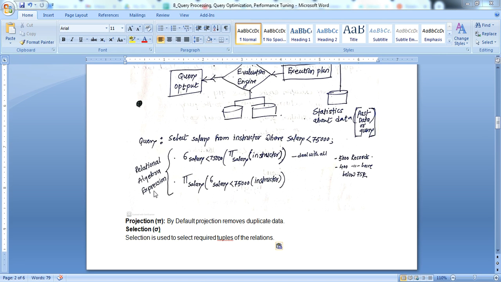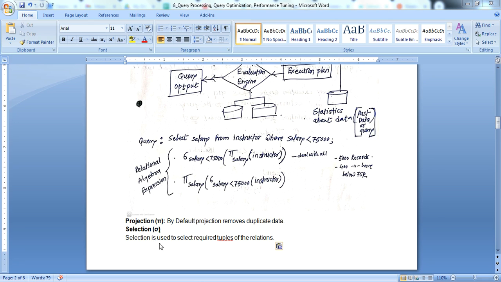Now the relational algebra expression is some mathematical notation. That one is a projection. By default, projection removes duplicate data. For example, if one instructor, say XYZ, has multiple records related to salary, it removes that duplication.